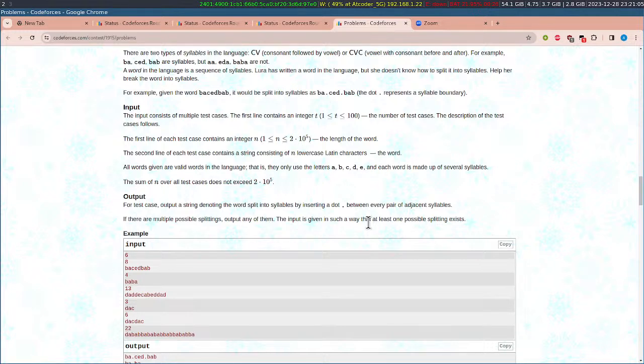One fact about this problem, although this statement is misleading: for any possible string, either there would be only one way to add full stops such that it's made of valid syllables, or it won't be possible to create it at all. Any questions on the problem statement before I move on to how to solve this problem?